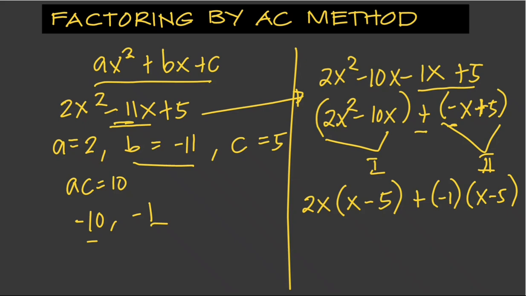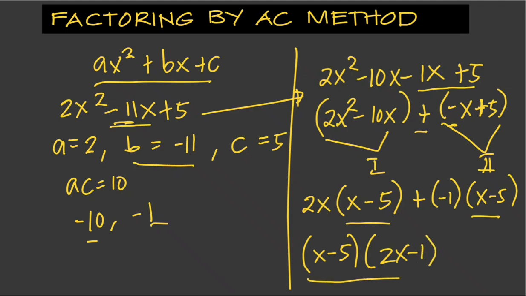Then we have to make sure that in this step we performed everything correctly. The first and second terms should have a common factor. In this case, our common factor is x minus 5. Factoring this out, we get x minus 5 times 2x minus 1.